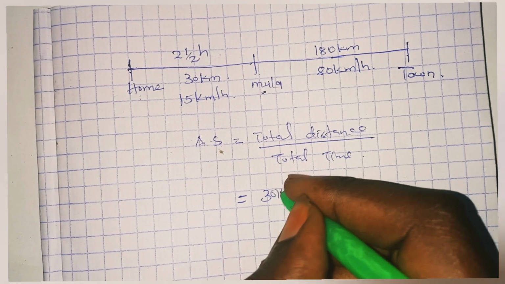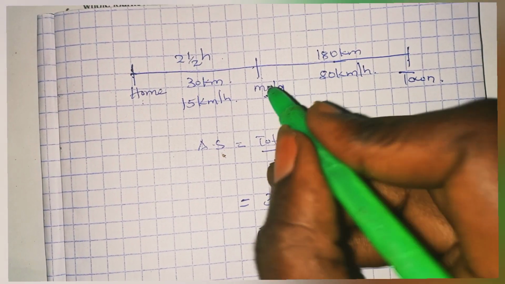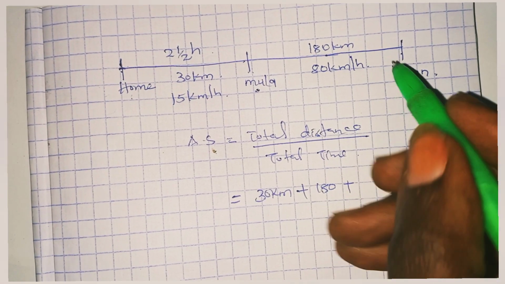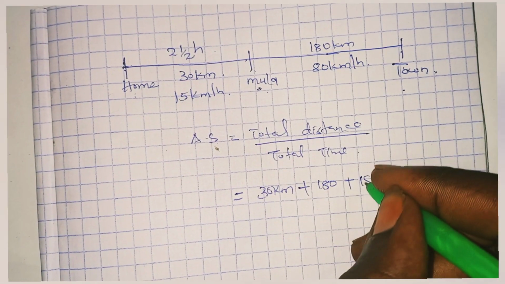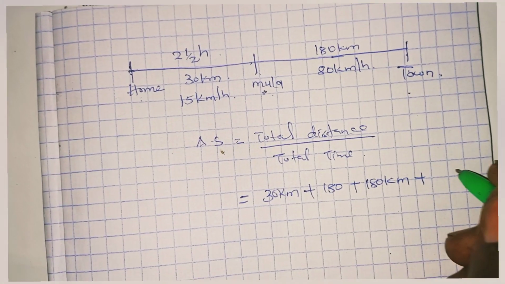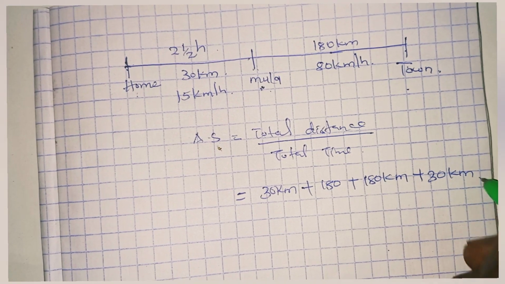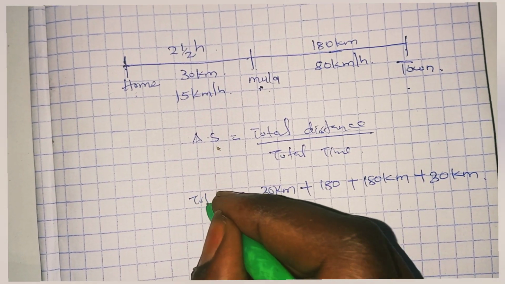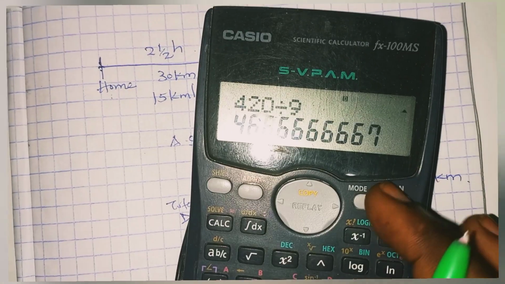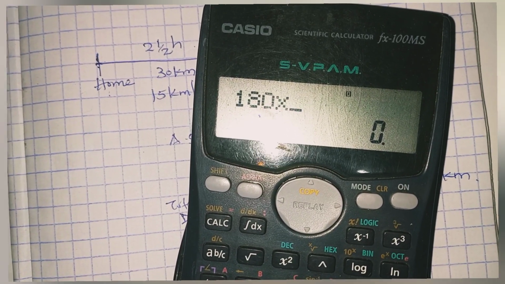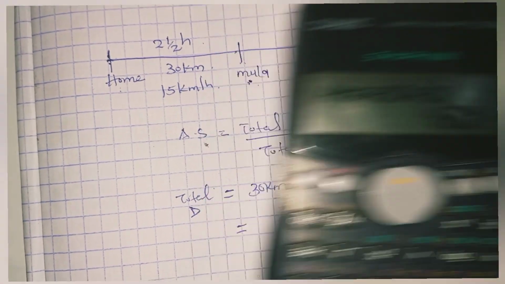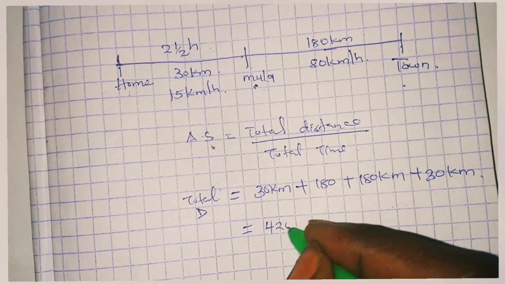That was 30 kilometers, plus from Mula to town was 180 kilometers, from town back to Mula was 180 kilometers, and from Mula back home was 30 kilometers. So the total distance here is going to be 180 times 2 plus 30 plus 30, which is going to be 420 kilometers.